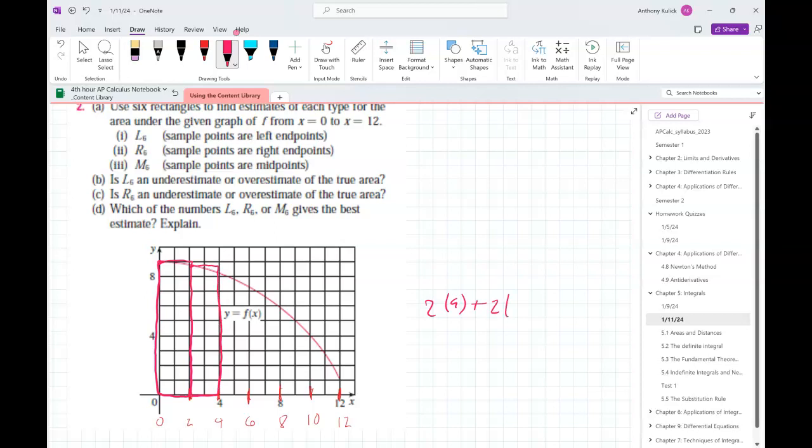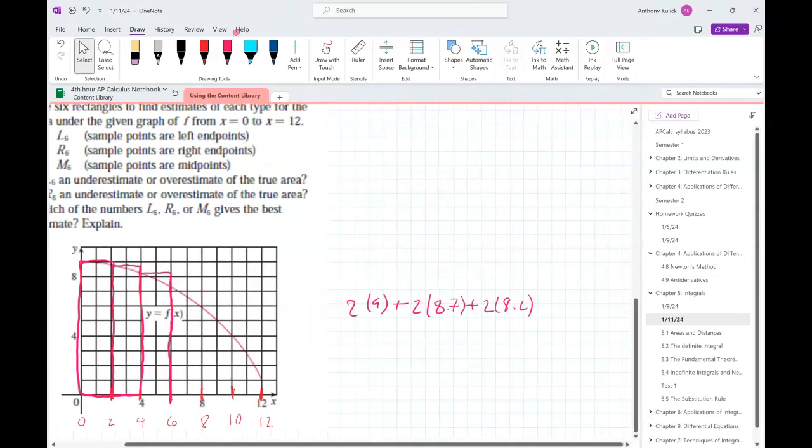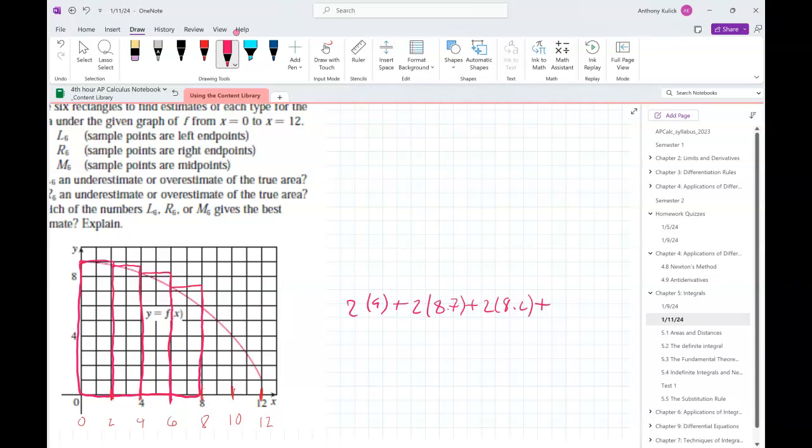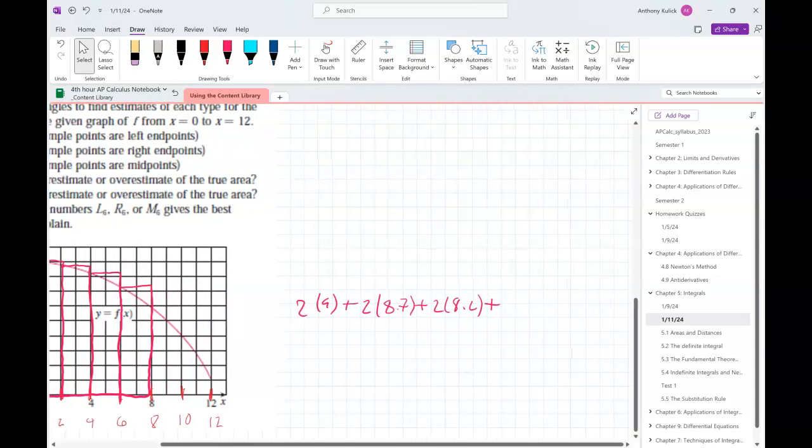So that looks like it's going to be 2 times maybe like 8.7 or something. And then the next one, I'm going to use the left end of that, which is going to be 2 times maybe like 8.2 or something. And then again, I'm using the left end. So that looks like it's going to be like 7.2.